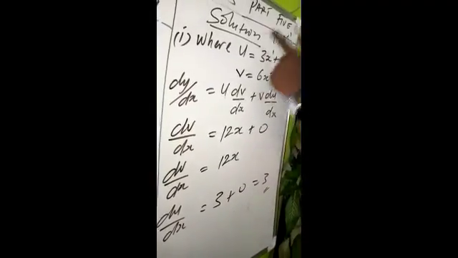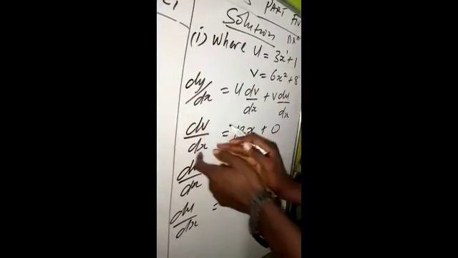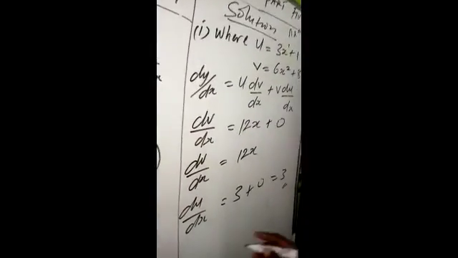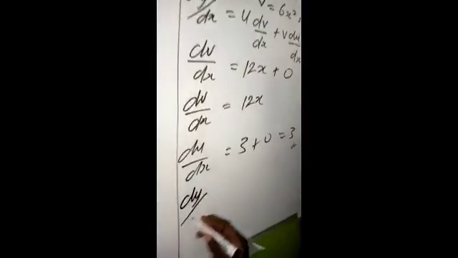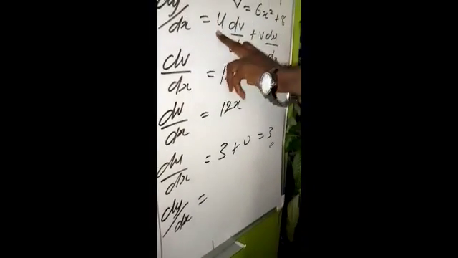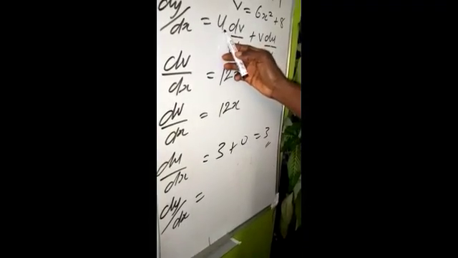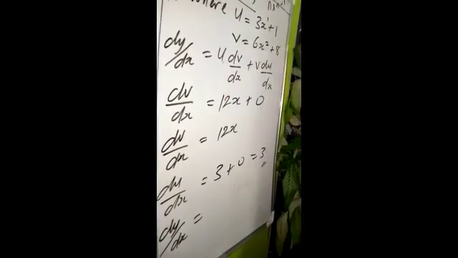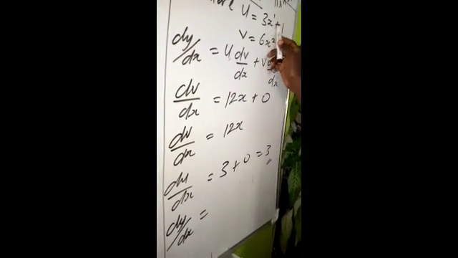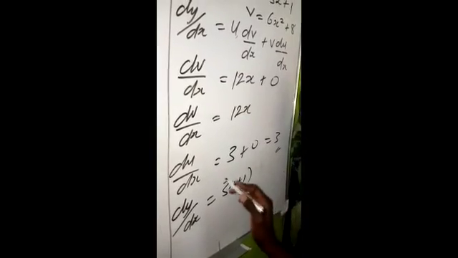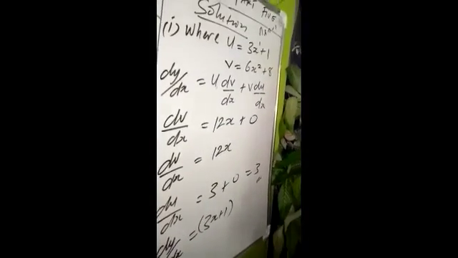So let us put it together to get the final conclusion of dy/ds. I say dy/ds is equal to, from the formula, my u is 3s plus 1. Any place I see u, I will substitute with 3s plus 1. You put it in brackets because this is a sign of products.